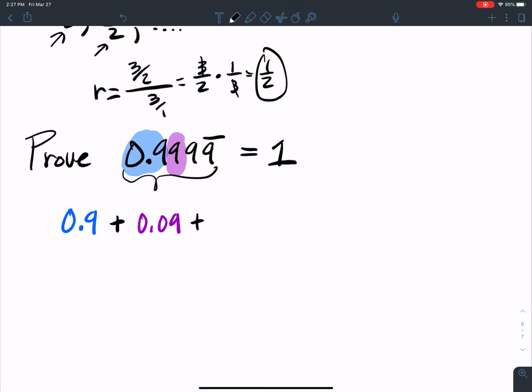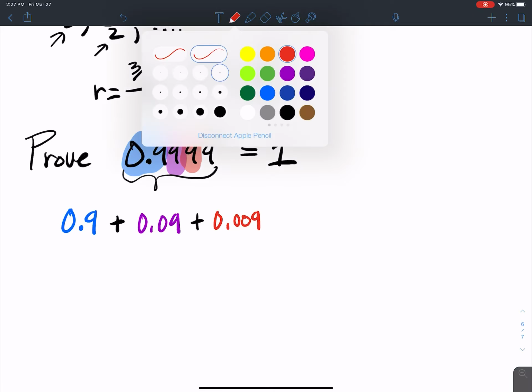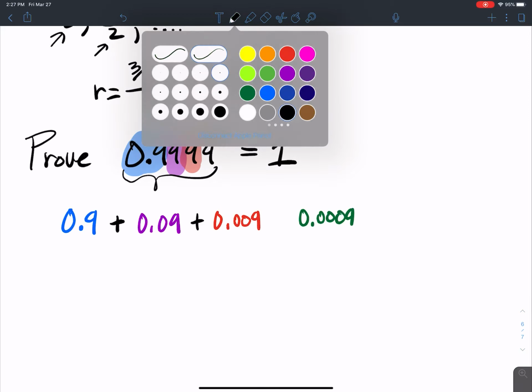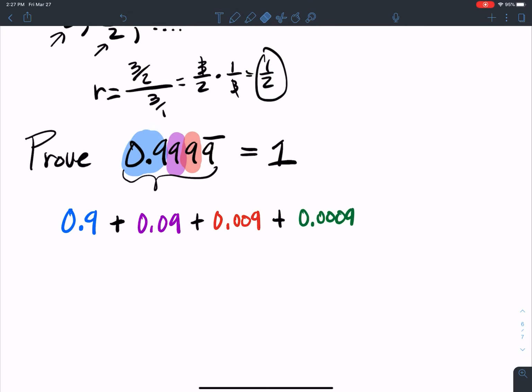The next piece, I'm going to make it with only this piece here. So that's 0.009. And I'm going to continue this pattern as long as I need to until I get the pattern down. I think that should be enough.